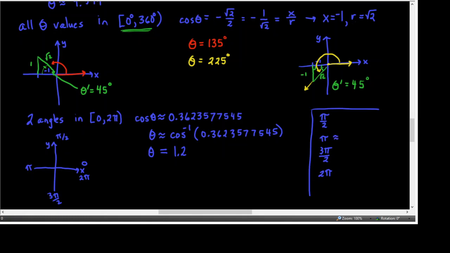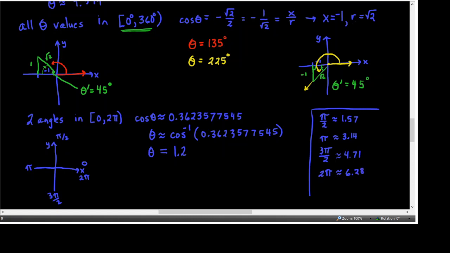Since you know that pi is pretty close to 3.14, if you divide that by 2, you'll get pi over 2 is about 1.57. And if you multiply that by 3, you'll get that 3 pi over 2 is about 4.71. And 2 pi is double pi, so it's about 6.28.